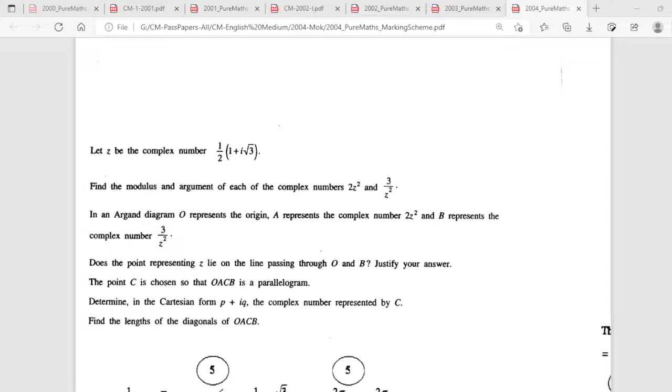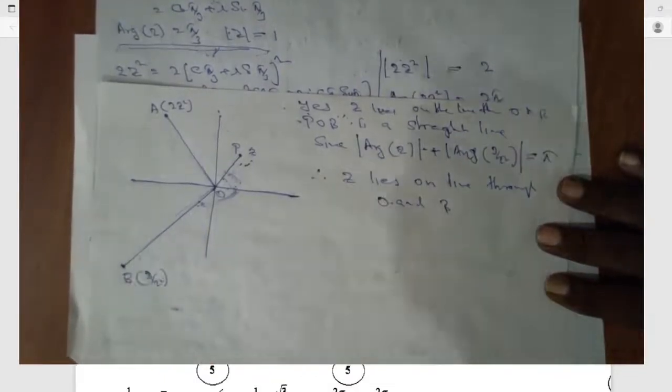Because you have to show it, the answer is yes. Yes, OB is a straight line, therefore yes, c lies on the line through O and B. You can say first yes, c lies on the line through O and B. Then you have to justify the answer, so you can show that POB is a straight line.